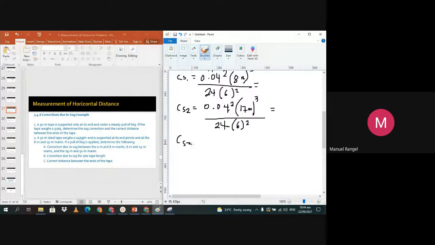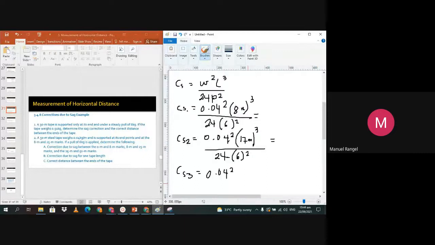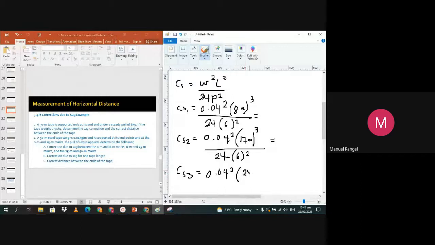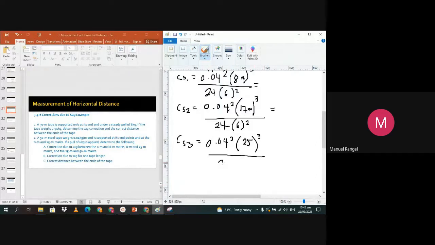Then for CS3, that is equal to 0.04 squared times 25, cubed, over 24 times 6 squared. So what is the value?